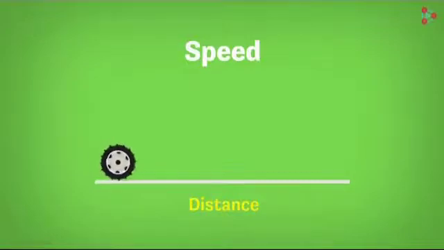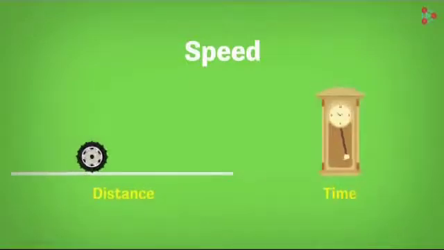The rate of motion of an object is measured by a quantity called speed. What is speed? To define speed, we need two things. First, the distance traveled by an object. Second, the time taken to complete the distance.